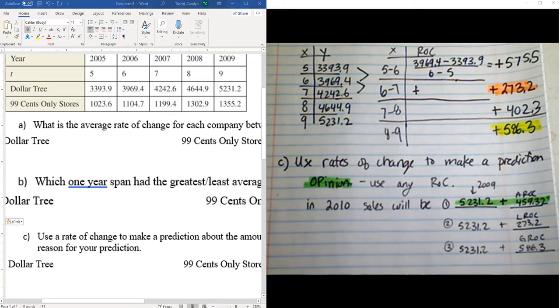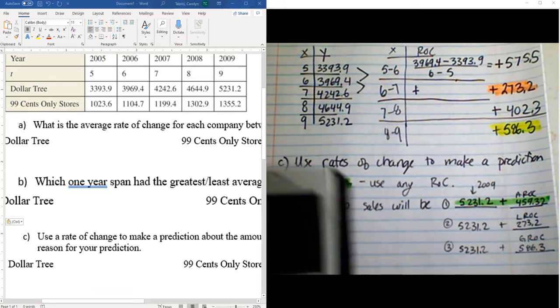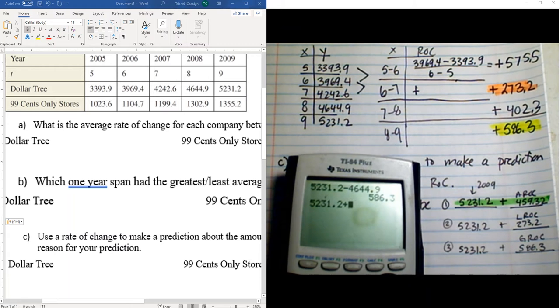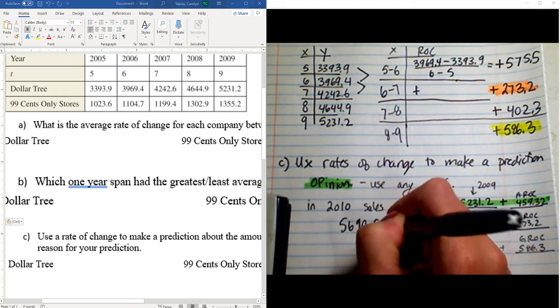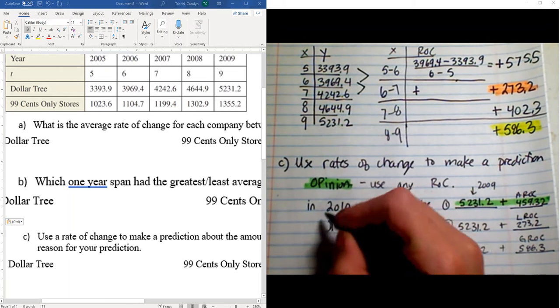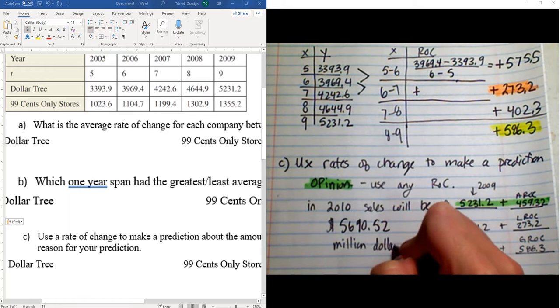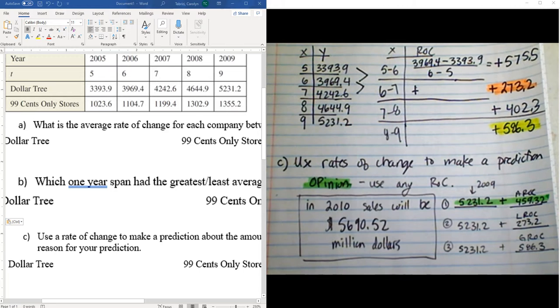So in 2010, the sales will be 5231.2 plus 459.32, about $5690 million. Those are my choices. All right, guys, that is by hand.